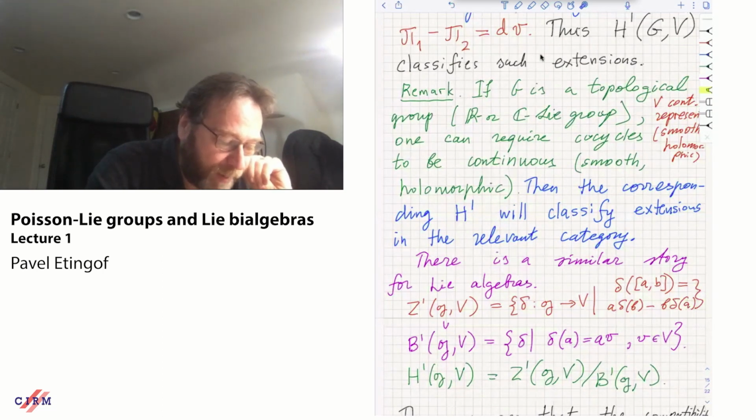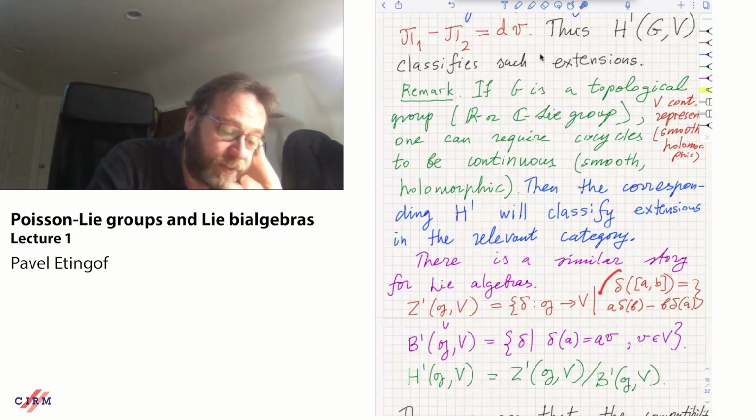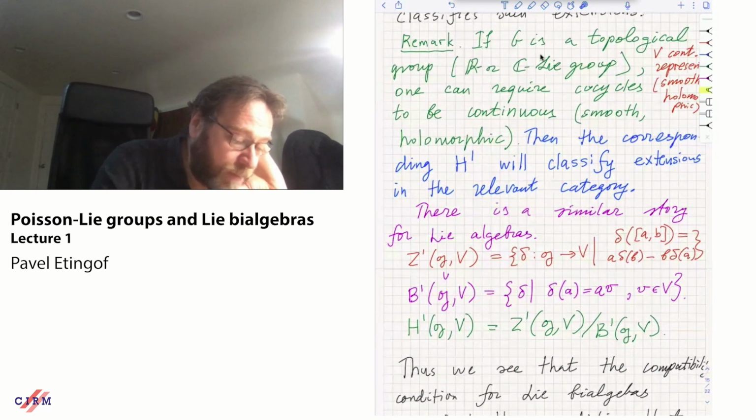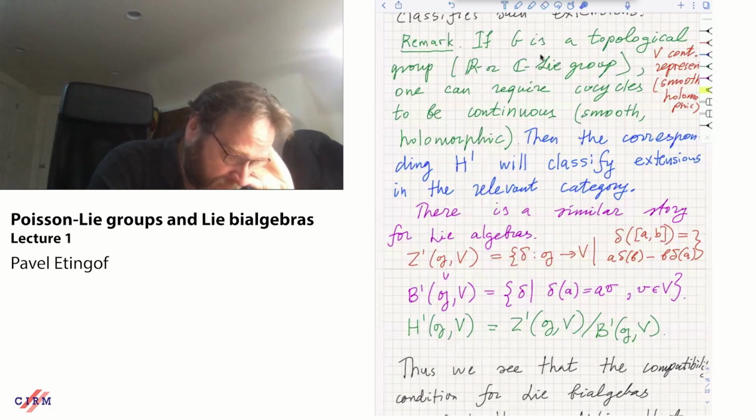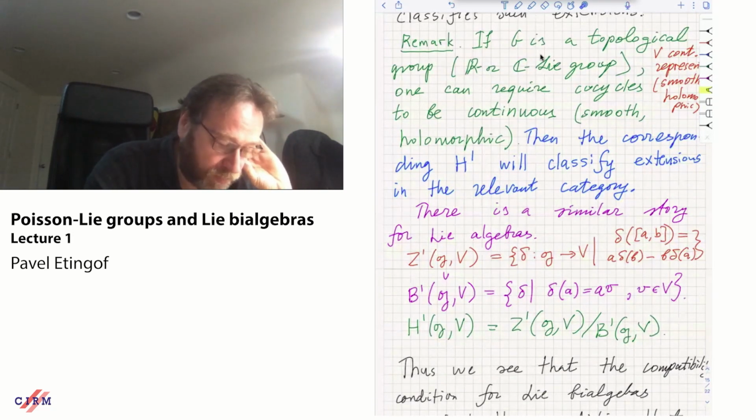It's a linear map delta from the Lie algebra to the representation, which satisfies this condition: delta of the commutator [A,B] is equal to A times delta of B minus B times delta of A. And then there is a subspace of coboundaries, which are all deltas such that delta of A equals A times v for some vector v in V. So the coboundary of v is delta given by this form. And then there is H1, which is a quotient of Z1 by B1.